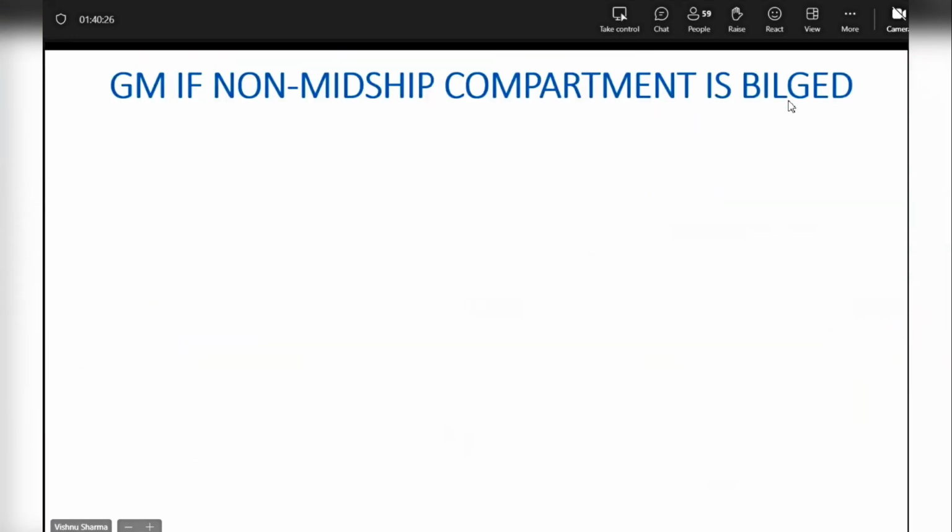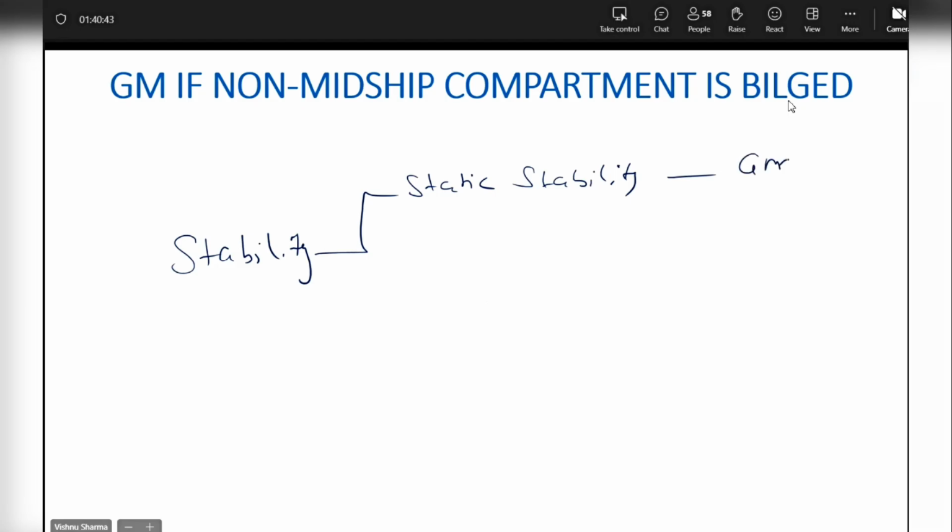Now please understand, your ship stability has three distinct components. One is called the static stability. GM or GZ are the measures of statical stability of the vessel. Second is the longitudinal stability.